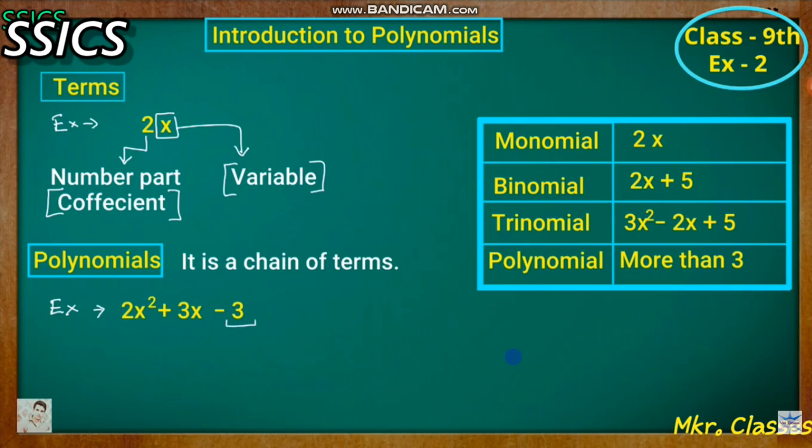It is a combination of one or more terms. So 3 is also called a term. 3x to the power 0: anything to the power 0, its value is 1. So we write it as 3 into 1 is equal to 3.